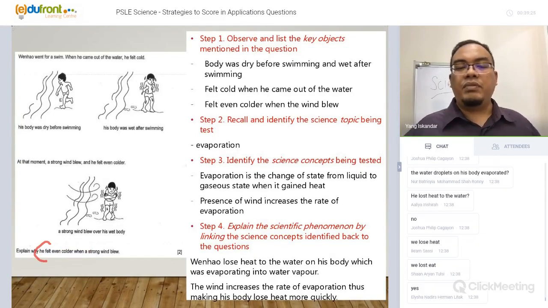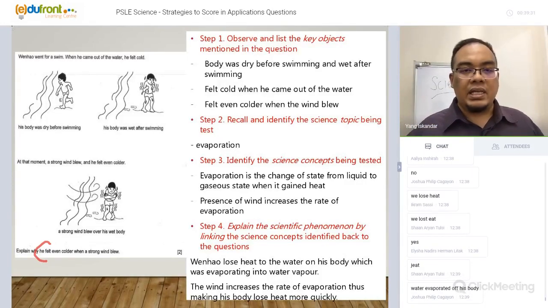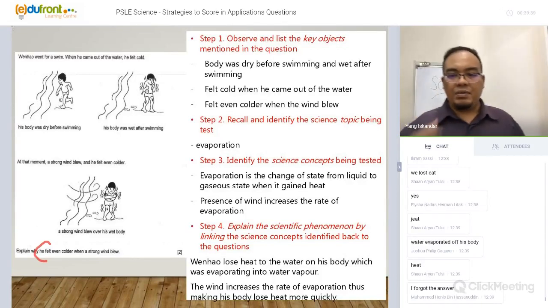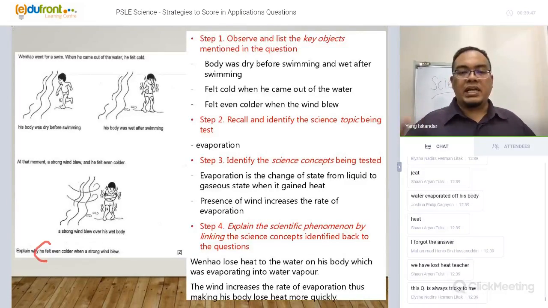Yes, very good, Ikram. We feel cold because our body loses heat. Right? But why did Wen Hao shiver? Because when he came out from the pool, there were water droplets around his body, and these water droplets were evaporating. So let's recall, what is the meaning of evaporation?